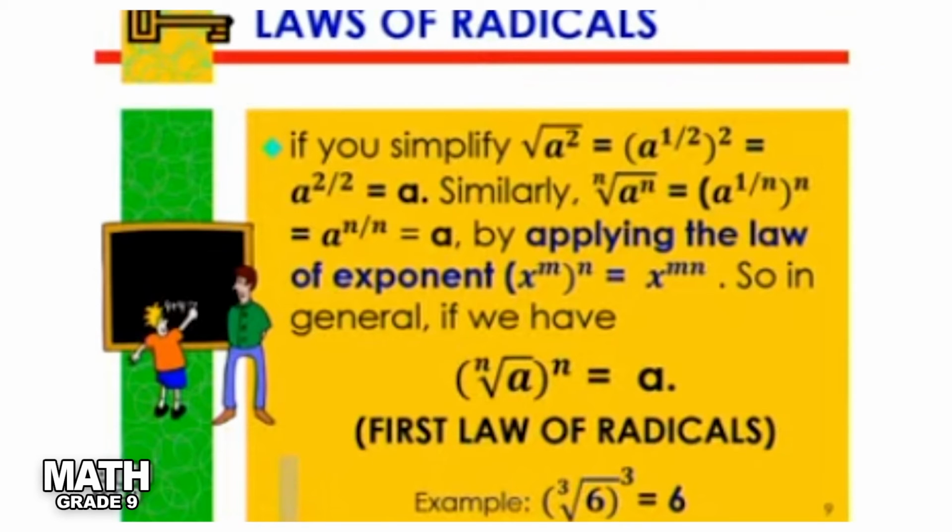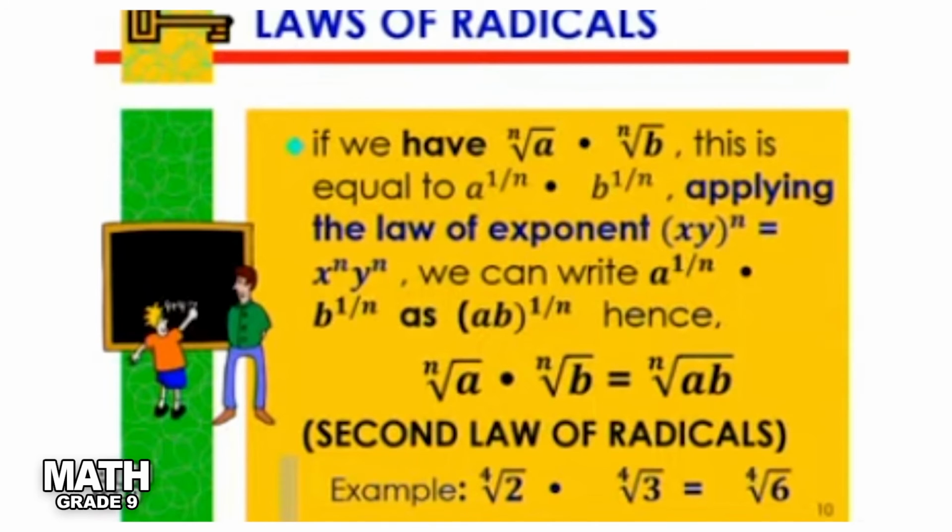For instance, if you simplify the square root of A squared, that will be equal to the quantity of A raised to 1/2, raised to 2, which is equal to A raised to 2 over 2, or A. Similarly, the nth root of A raised to n is equal to the quantity of A raised to 1 over n, raised to n, which is equal to A raised to n over n, or A. By applying the law of exponent, the quantity of x raised to m, raised to n, is equal to x raised to m times n.